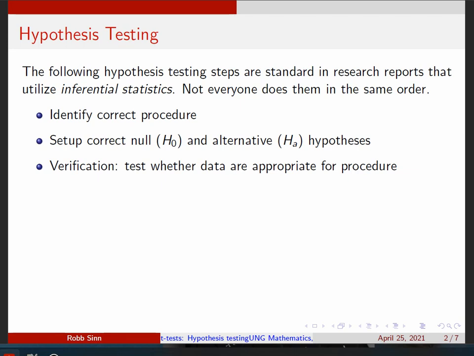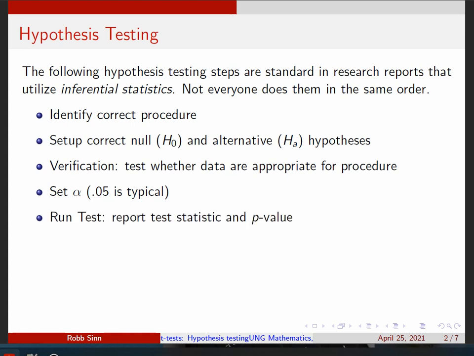Verification. Every statistical procedure has a verification process whereby you check that the data are appropriate for that particular procedure. I'm going to go over the t-test verification in just a second. We're also going to set alpha. This is what we call our level of significance, and we're always checking to see if p is smaller than alpha.